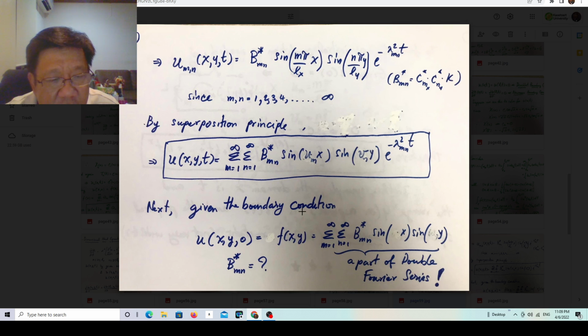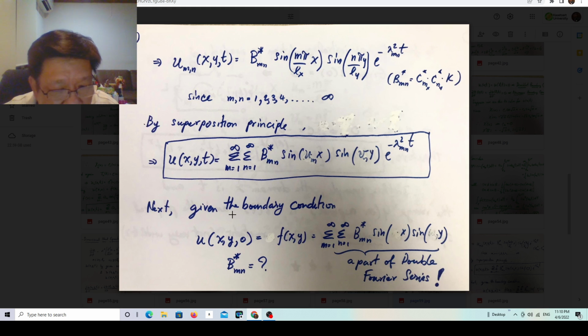In the next part, how do we find B star mn? You can follow the same analysis that we did for the one-dimensional case, except that when you add more dimensions to the problem, it just keeps extending the parameter combinations in the model.